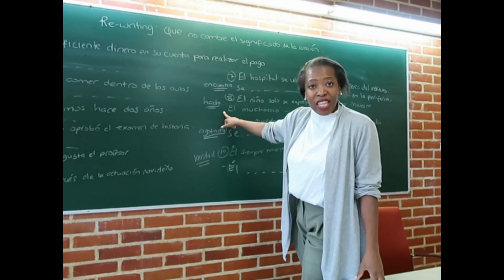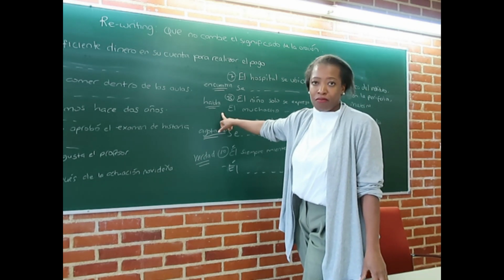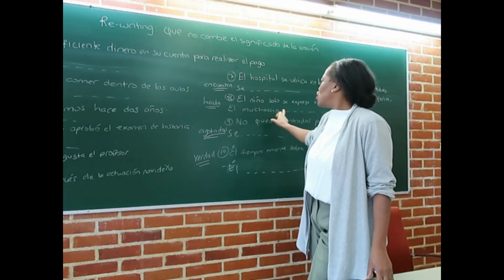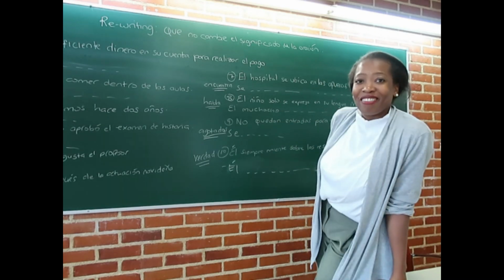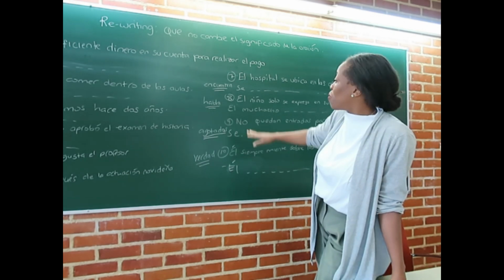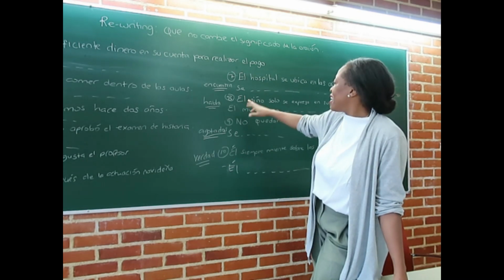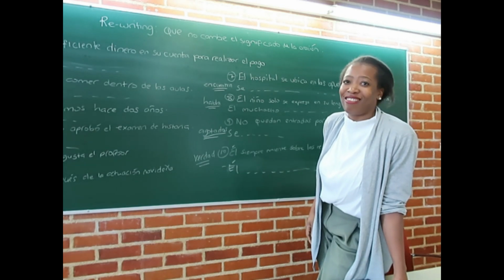So, the word that you have to use in the second sentence is habla. El muchacho, so the boy. How would you end that sentence so it means the same as el niño solo se expresa en su lengua materna?